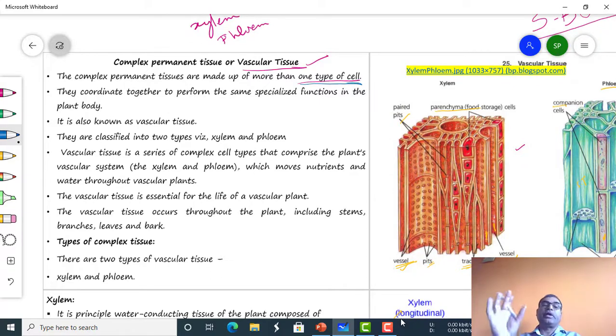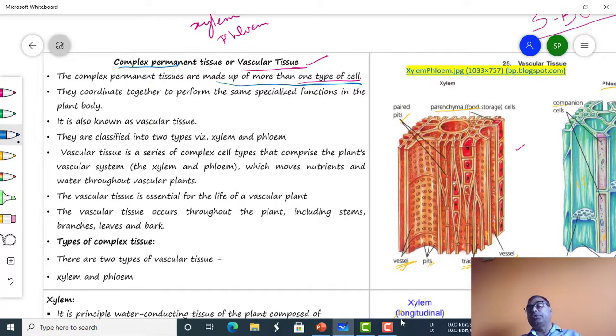Actually, permanent tissue is divided into simple permanent tissue and complex permanent tissue. Parenchyma, collenchyma, sclerenchyma are simple permanent tissue, while vascular tissue like xylem and phloem are complex permanent tissue, as they are made up of more than one type of cell.